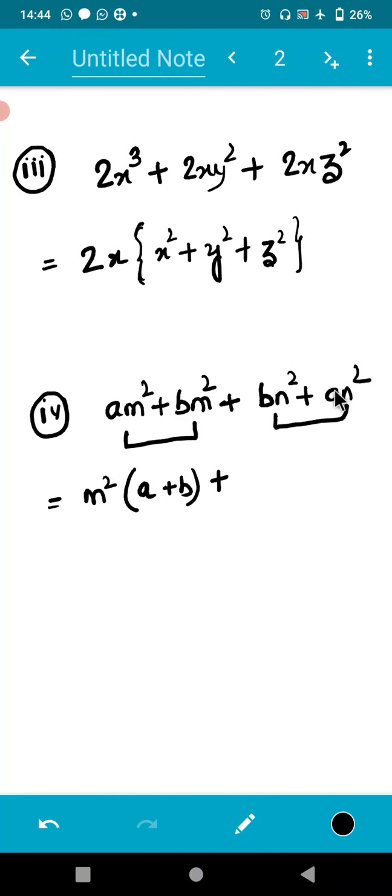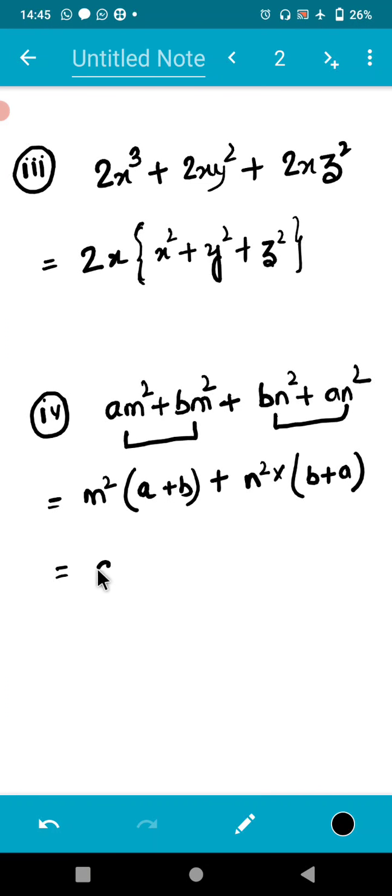Now if you check carefully for the third and the fourth terms, n square is common to both the terms. So we'll take n square as common, and what will be left inside the bracket? b plus a. Now do you see that a plus b and b plus a are the same? Absolutely the same, since all the terms have positive signs.